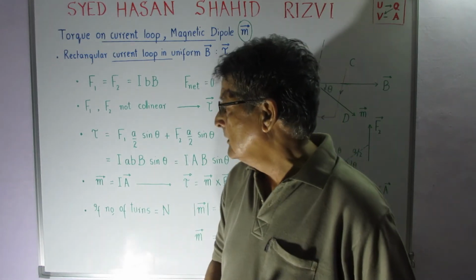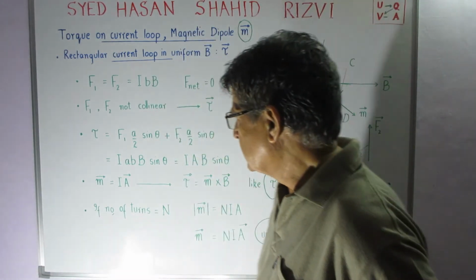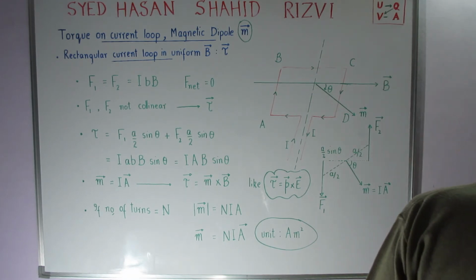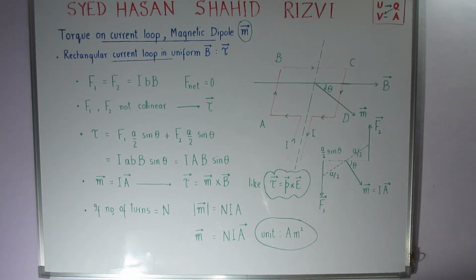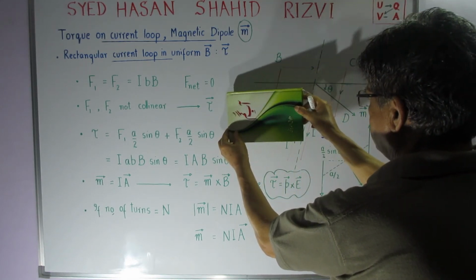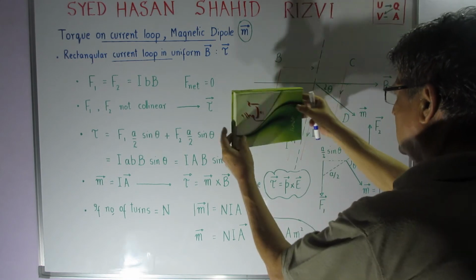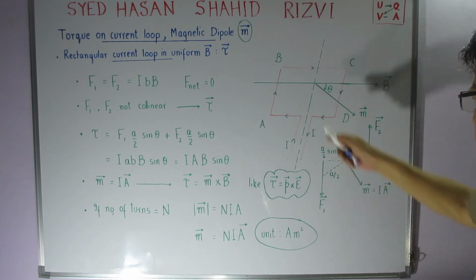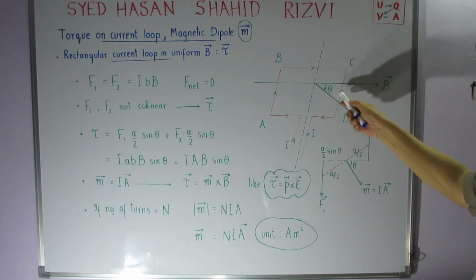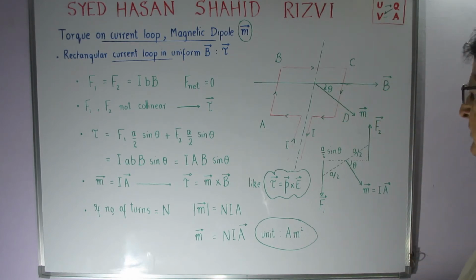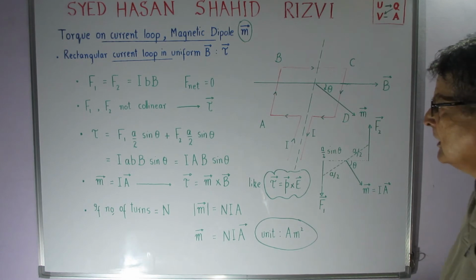So we obtain things like that. Now I am tilting it. This was the situation on the board, and now we are tilting it like this, or like this. So our area vector makes an angle theta with B. This is the situation which we'll encounter in general.